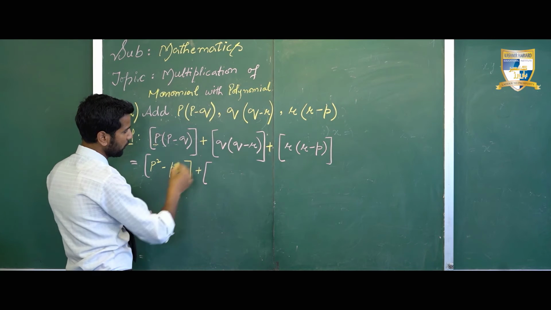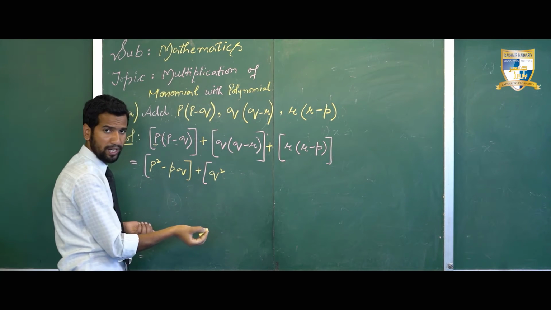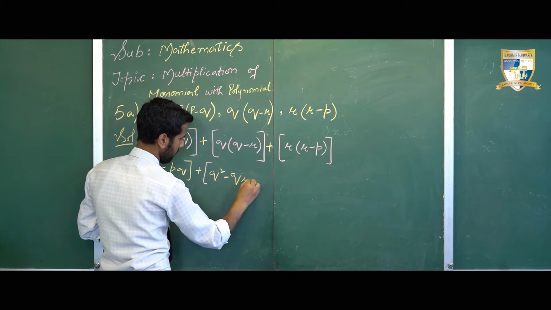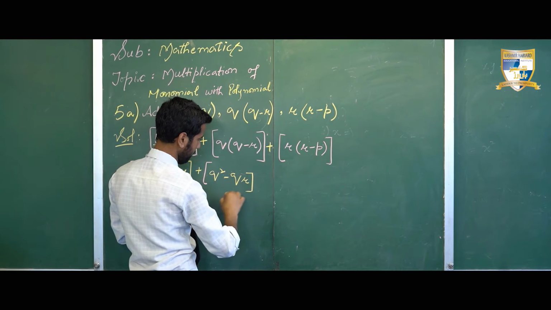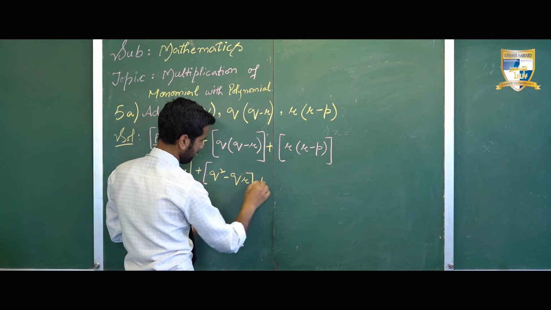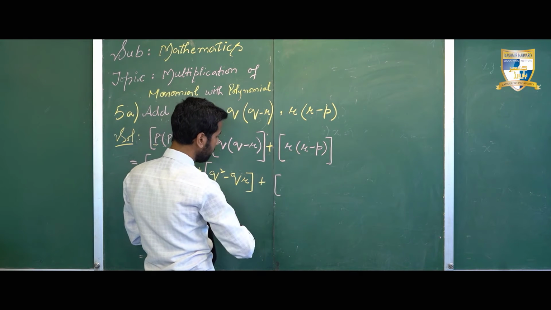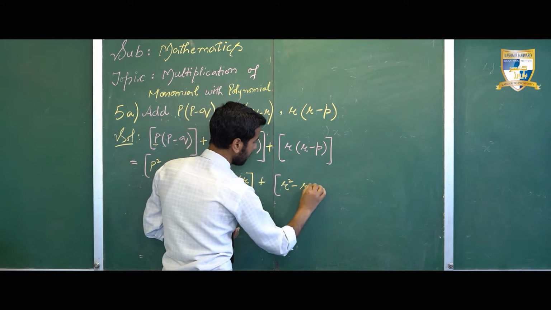and now Q into Q, Q square, Q into R, minus QR, plus R into R, R square, minus RP.